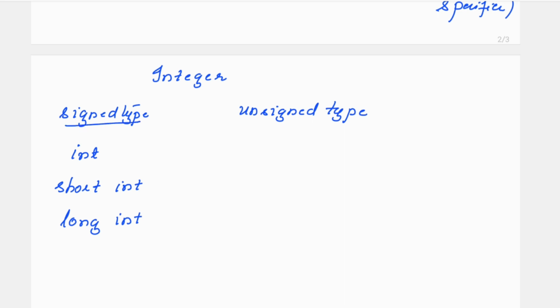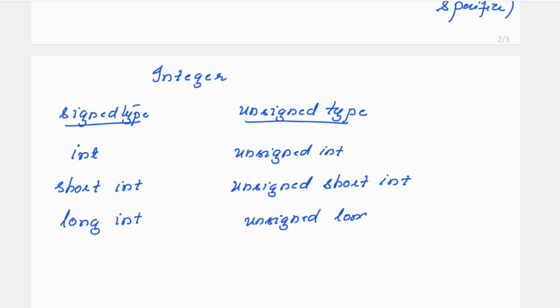Similarly for unsigned type, you can use unsigned int, unsigned short int, unsigned long int. Notice that for int, short int and long int, we are not explicitly writing the word signed. Though we don't write it, it is taken as signed only. So this is signed int, this is signed short int, and this is signed long int.